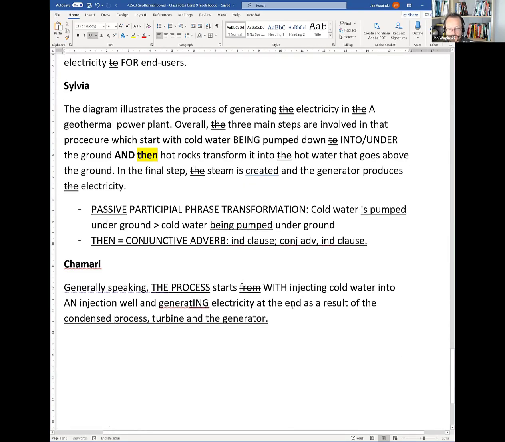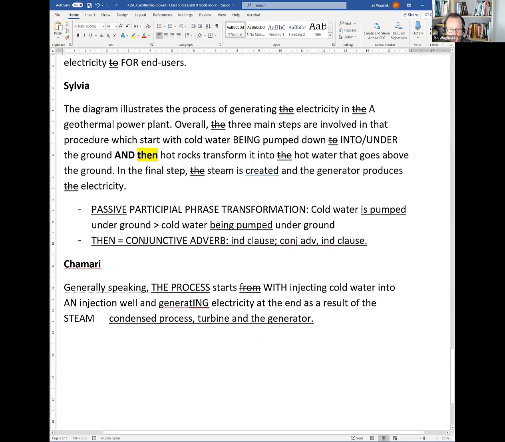And generating electricity at the end as a result of the steam. Is this going to work? Steam produce. Generating electricity at the end.